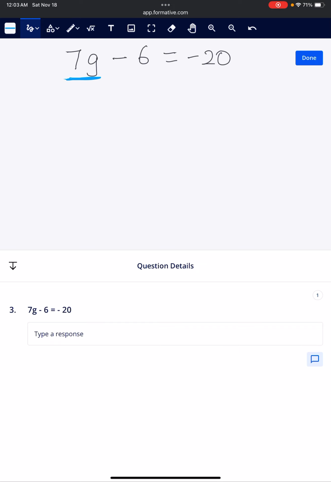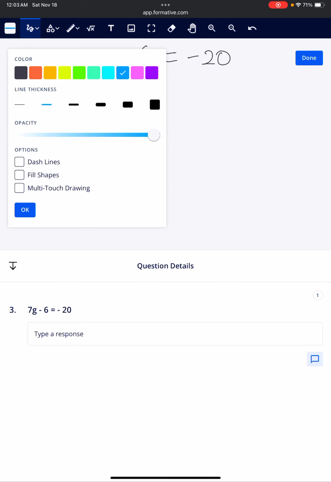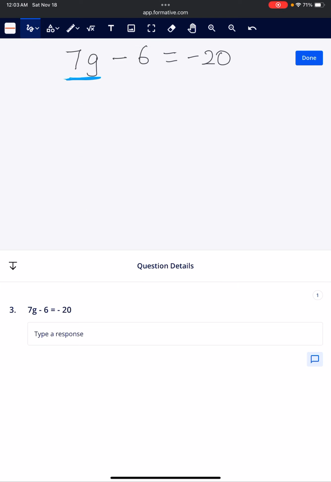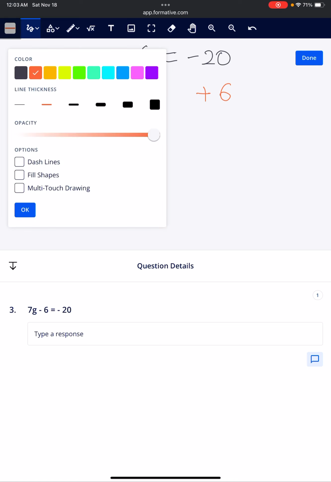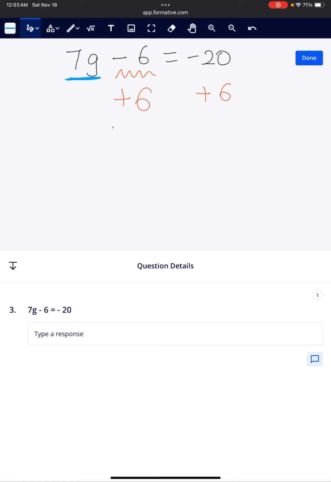So I'm trying to do the opposite of this negative sign. You need to do positive 6 on both sides. You're adding 6, and then you'll be left with just the variable. So you have 7 times g equals negative 14.